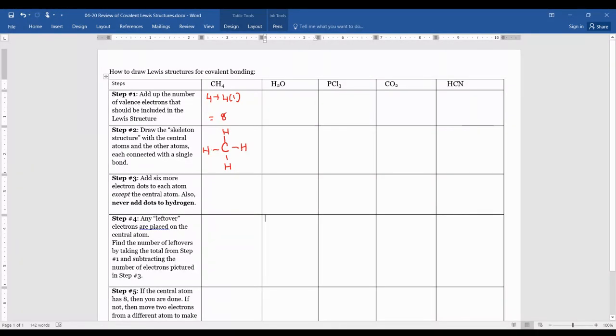Now what do I do next? I go back. I have 8 electrons. I know that each of these bonds is 2 electrons. So I subtract and find out how many are left over. I subtract 8 and I have nothing left over.